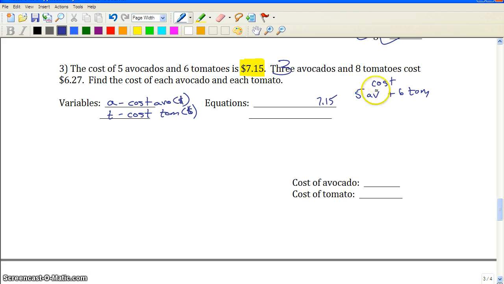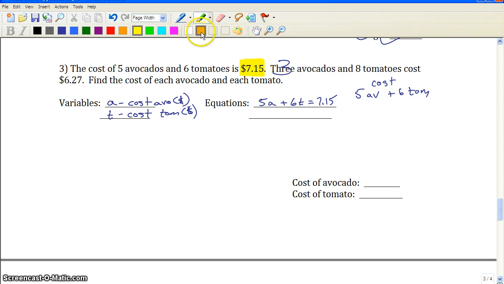So when we talk about 5 avocados, we need 5 times the cost of avocados to represent the total cost from the avocados. That would be 5A, plus 6 times the cost of the tomatoes, which is T, so 6T equals. The first equation is going to be 5A plus 6T equals 7.15.